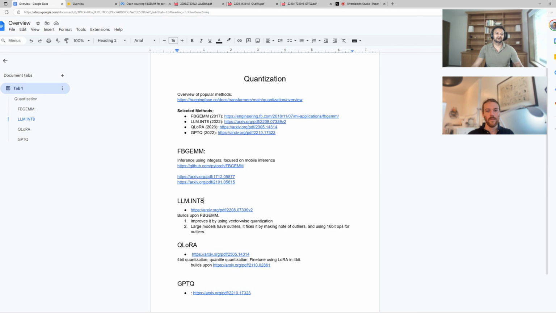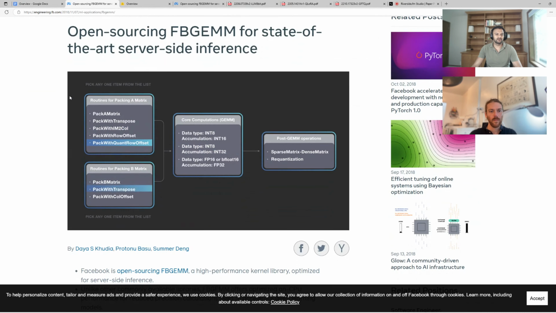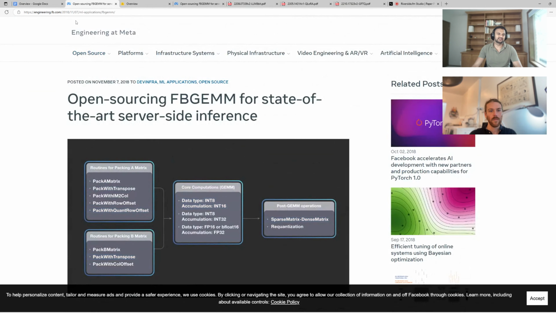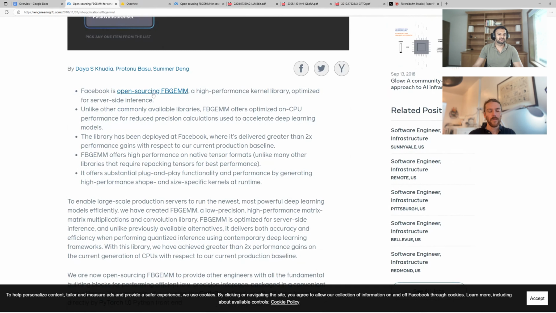But for me personally, I think FBGEMM is one of the earliest works on quantization. You can see there's a blog post from Facebook from 2018. This was one of the earliest works, 2018, but they reference a paper that was published in 2017, I believe. So they made this library called FBGEMM.